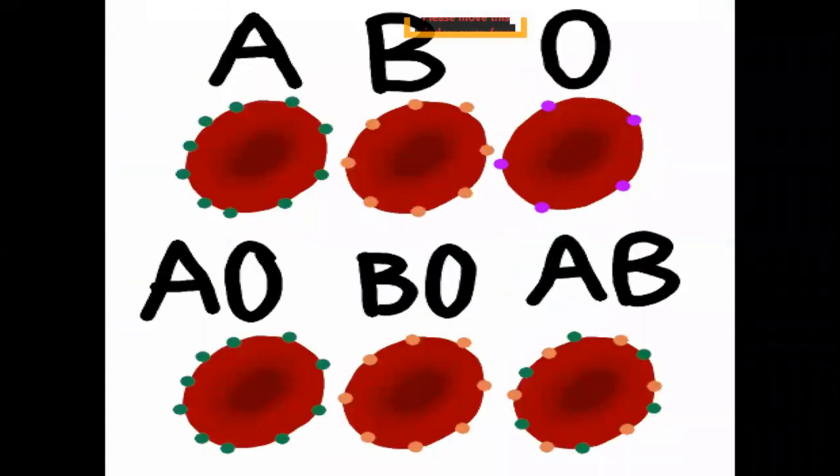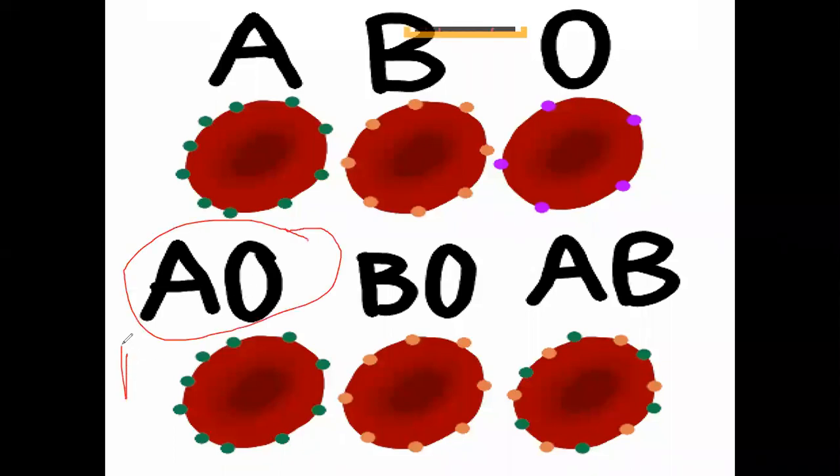Moving now to the blood groups. Blood groups, as you know, allele A and allele B are dominant, while allele O is recessive. So if an individual has genotype AO, his blood group will be what? A is dominant over O. The blood group will be A. If it has BO, the blood group will be B. But A and B together, both are dominant.